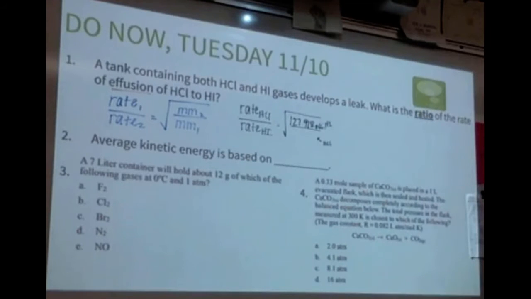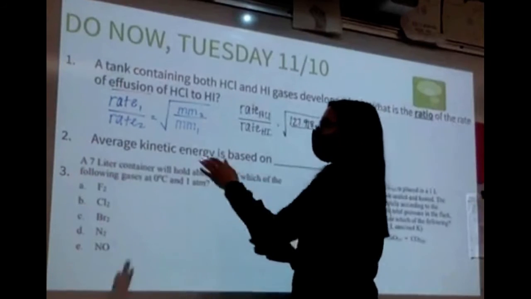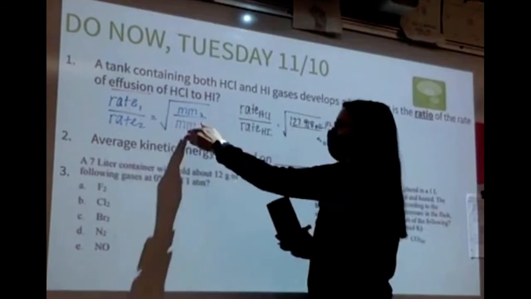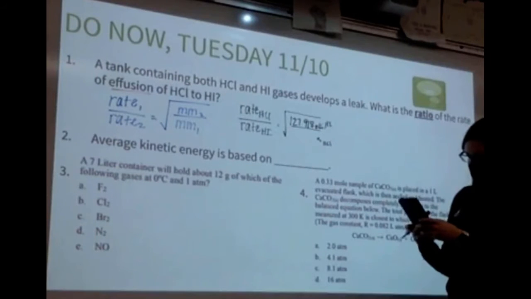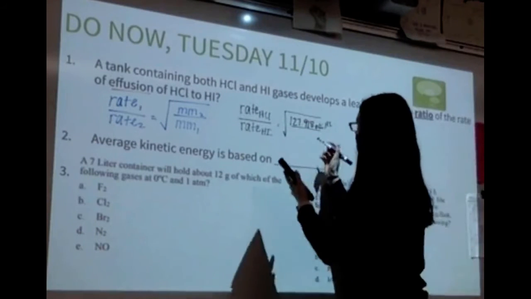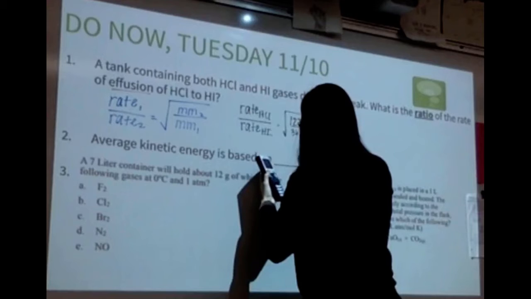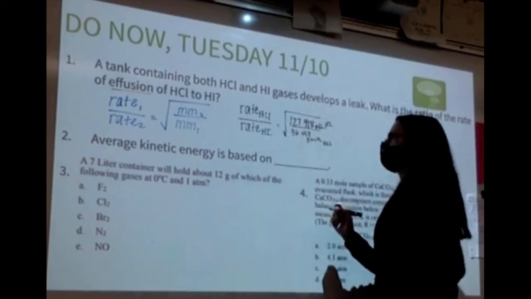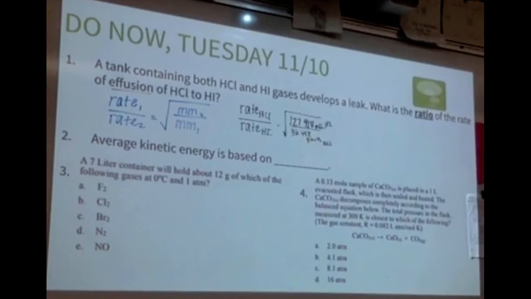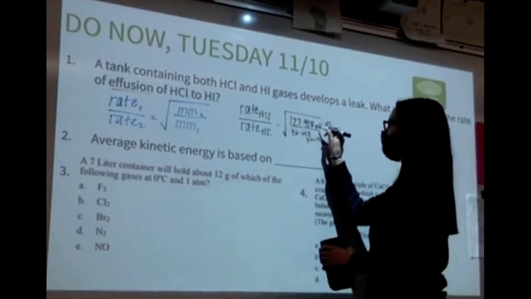So just find the molar masses. Graham's law of effusion is related to the square root of the molar masses. So HCl is 1.008 plus 35.45, which is 36.458 grams per mole.